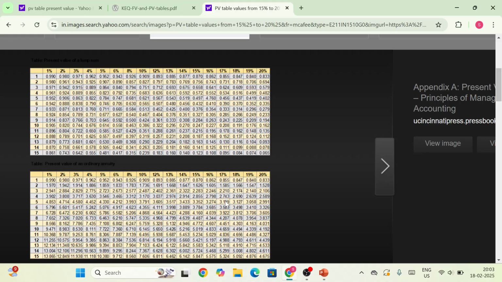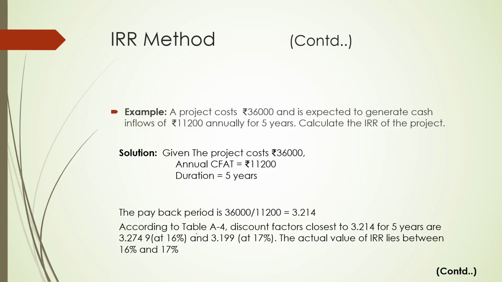Now, how are we going to use them? As per our table A4, we found two different values. One is at 16%, one is at 17%. At 16% the value is 3.274 and at 17% the value is 3.199.